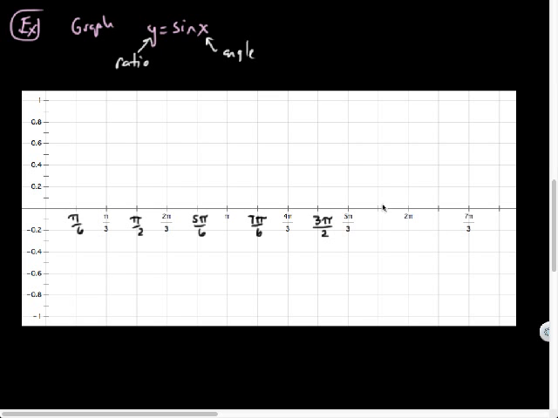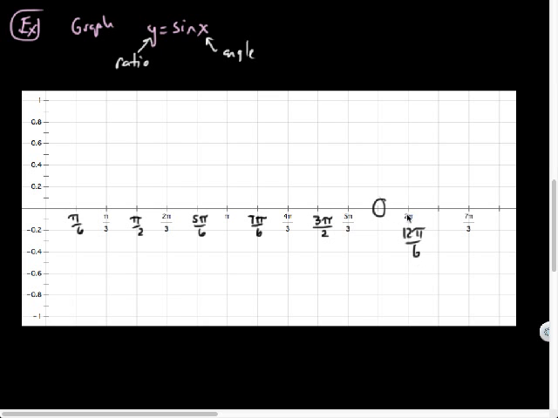This one's going to be another out of 6 pi's, but question: what would 2 pi be in terms of sixths? How many sixths is 2 pi? Yeah, 12 pi over 6 is the same as 2 pi, because 12 divided by 6 is 2.